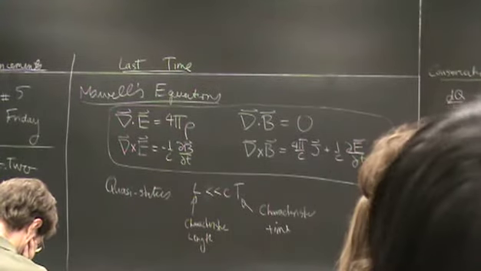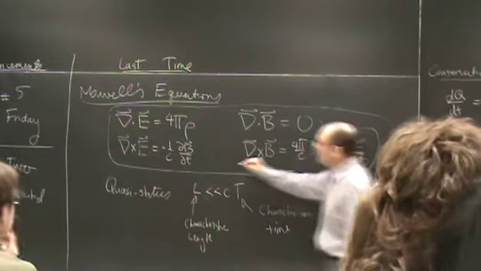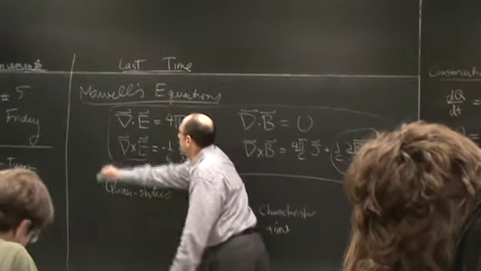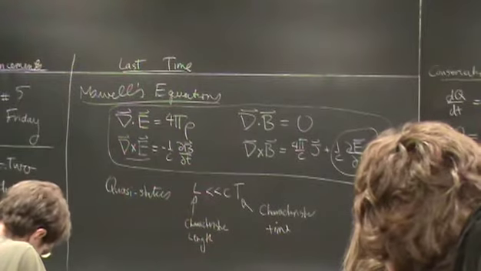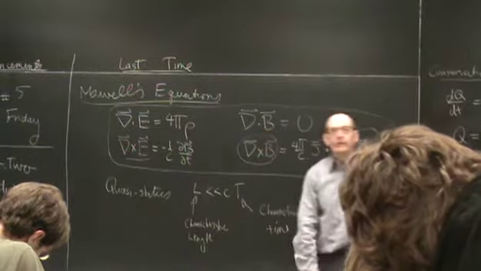So what we discussed, of course, is that in addition to the fact that a changing magnetic field drives a curling electric field, a changing electric field drives a curling magnetic field.